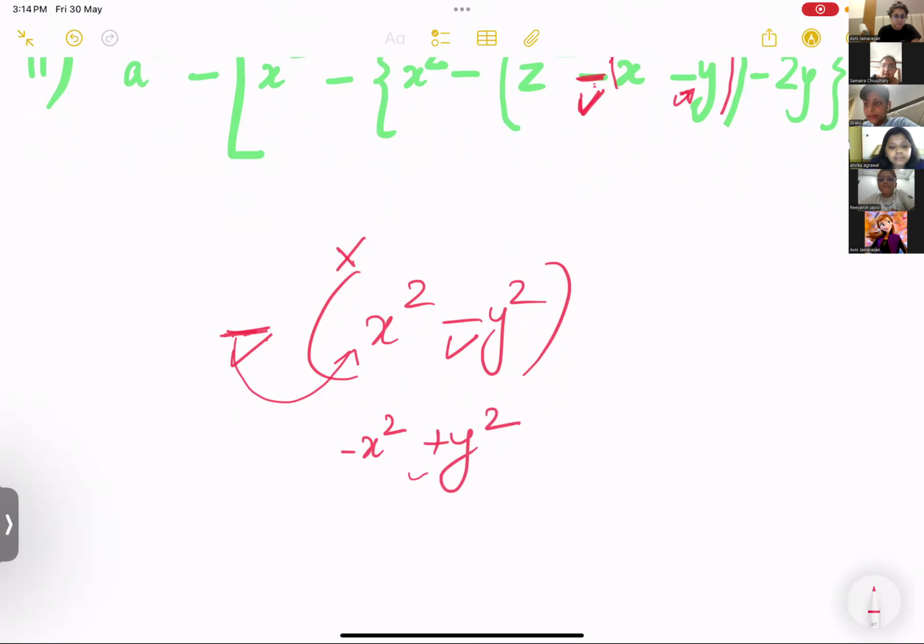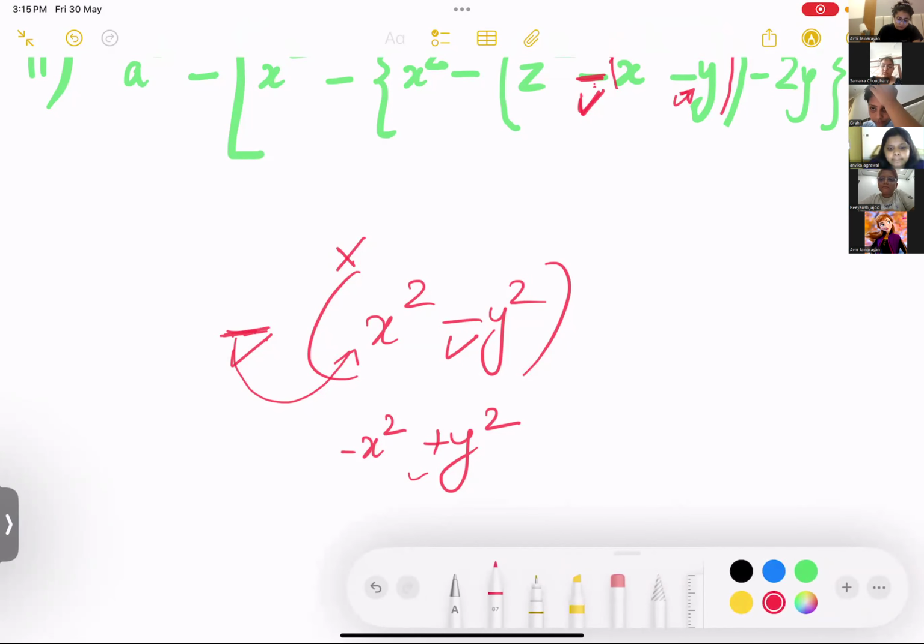Any doubt? Whoever is joining the class today for the first time, you will not be able to understand these because you have missed the 3 prior classes. But hang in here, you will get a knack of it. So this is exactly what I am doing.